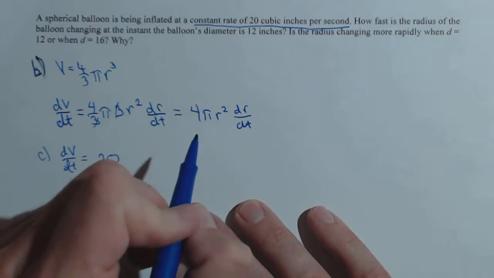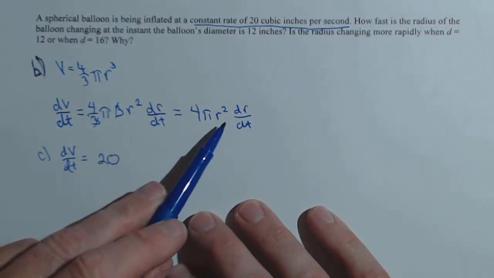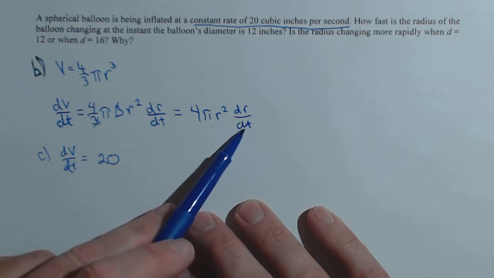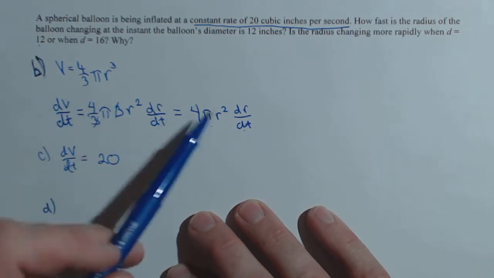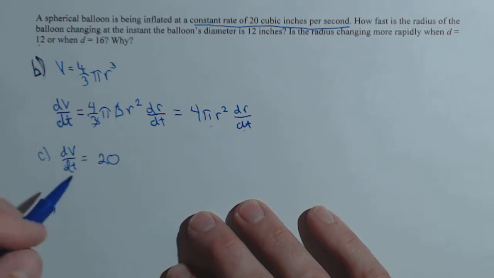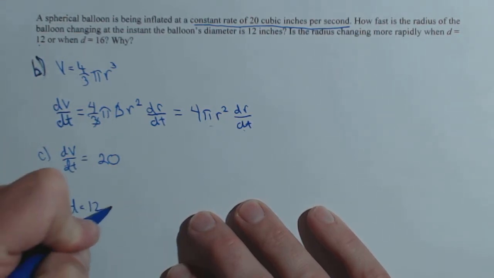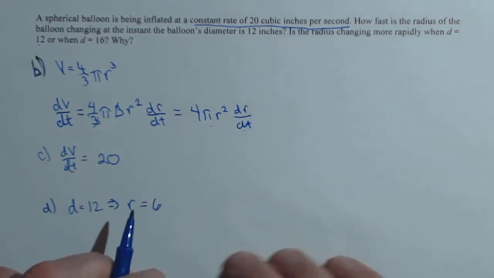So now we're going to use this to figure out how fast the radius is changing. In other words, find dr/dt when d is 12 and when d is 16. Well, remember, we have r in our formula. So if d is 12, for instance, then r is 6.